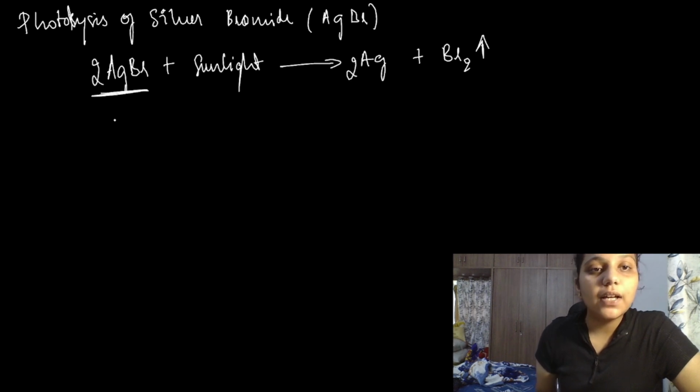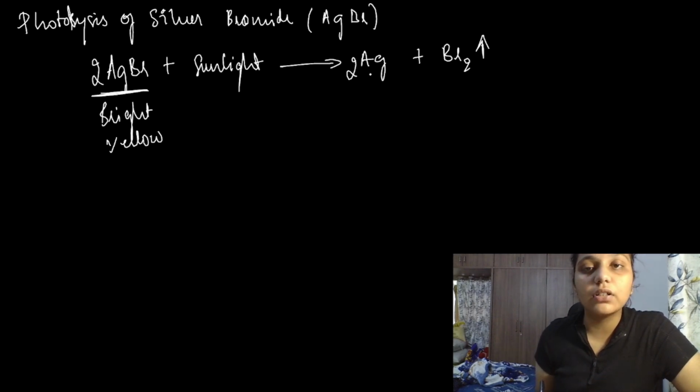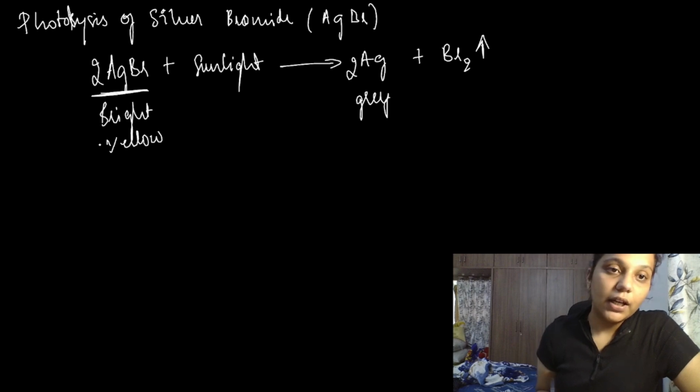AgBr is bright yellow in color. But when it reacts with sunlight, we remain with Ag, which is gray in color, and Br2, which is bromine, is released into the air.